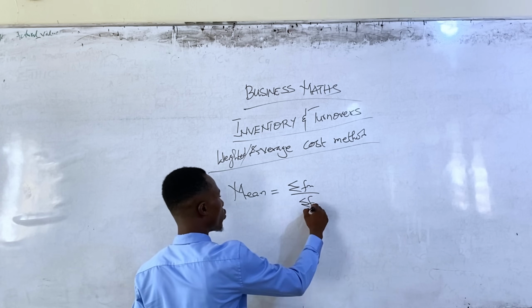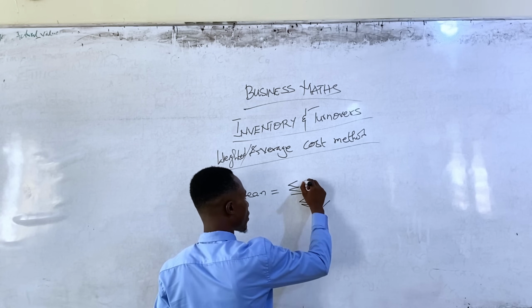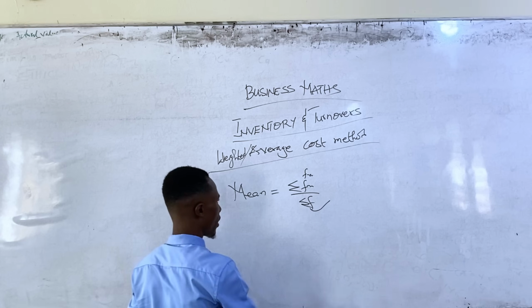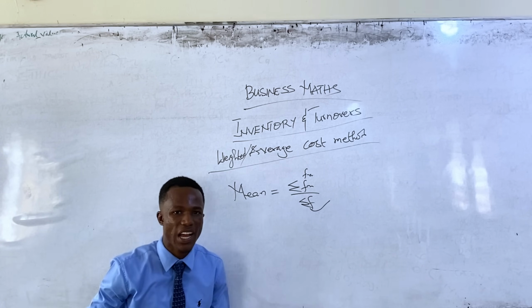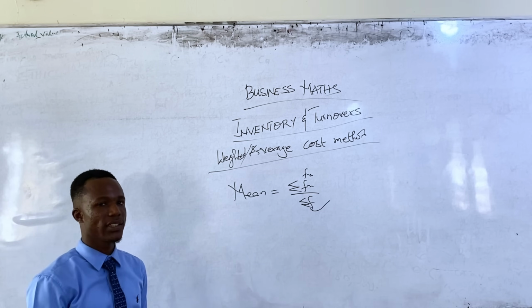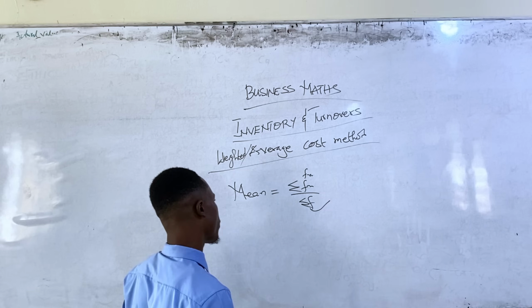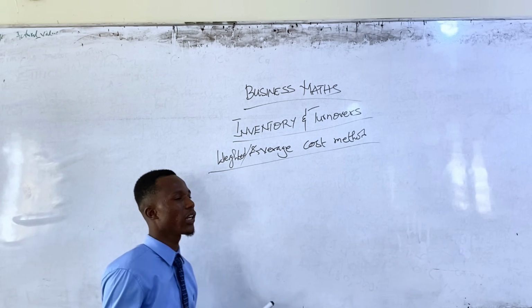So this represents the total quantity, and this represents your price, which is the f, times your quantity x, and you sum them, you divide by the total quantity, and you get your average cost for one product. As simple as that. We are not going to use this formula, but I was just trying to explain to you how you are going to find the average.